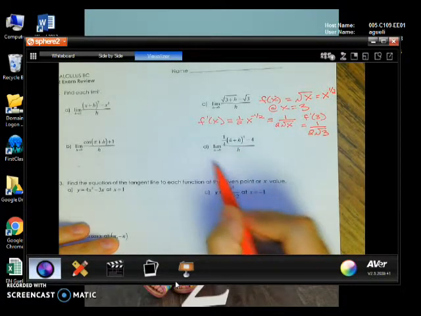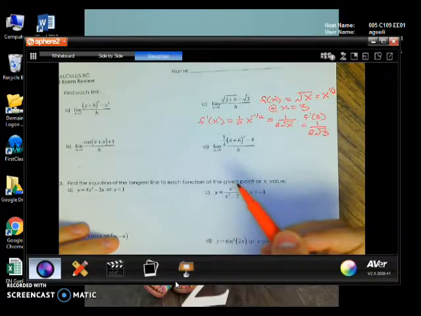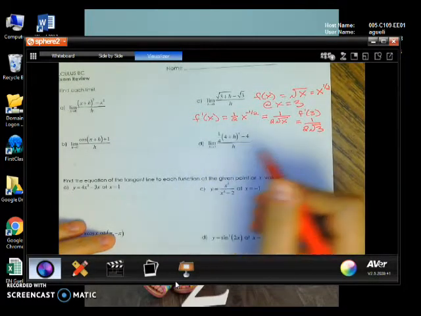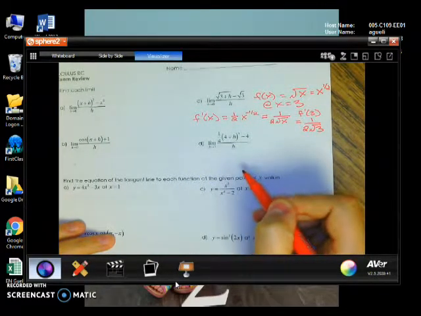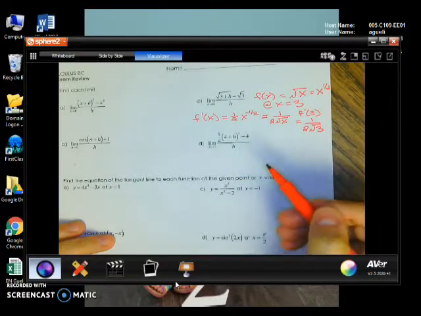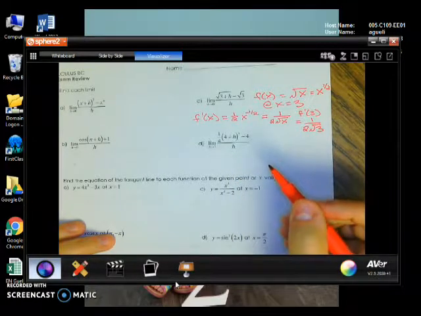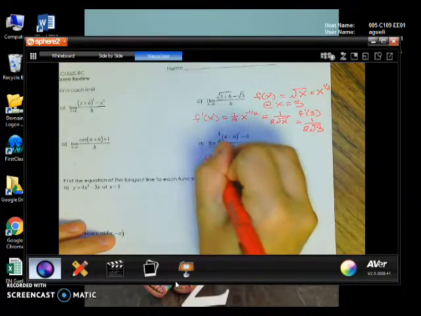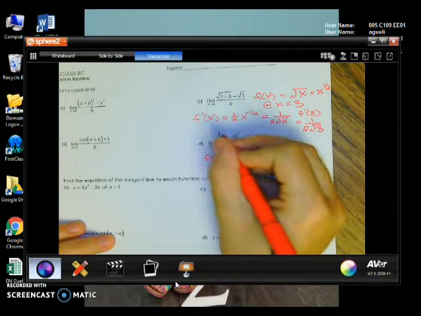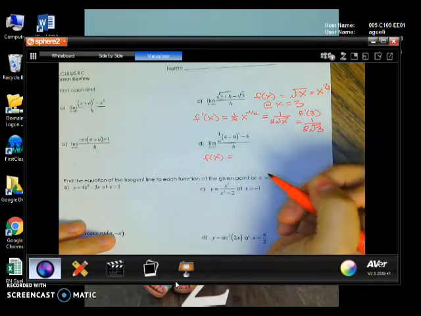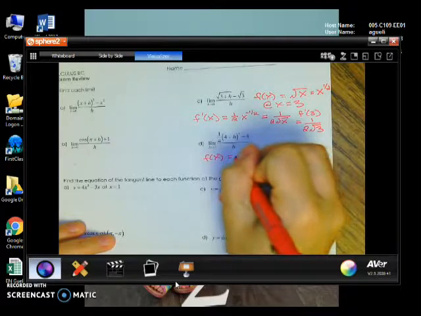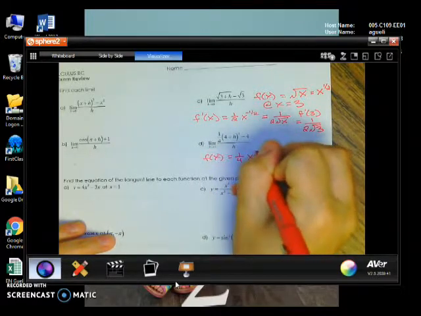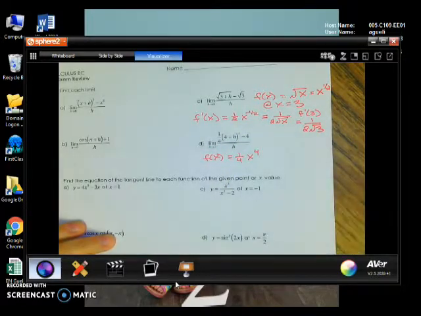Okay. Very similarly, for part D here, again, I try to figure out what the original f of x was. The original f of x is going to be x to the 4th divided by 4, or you can picture that as 1/4 x to the 4th, okay?